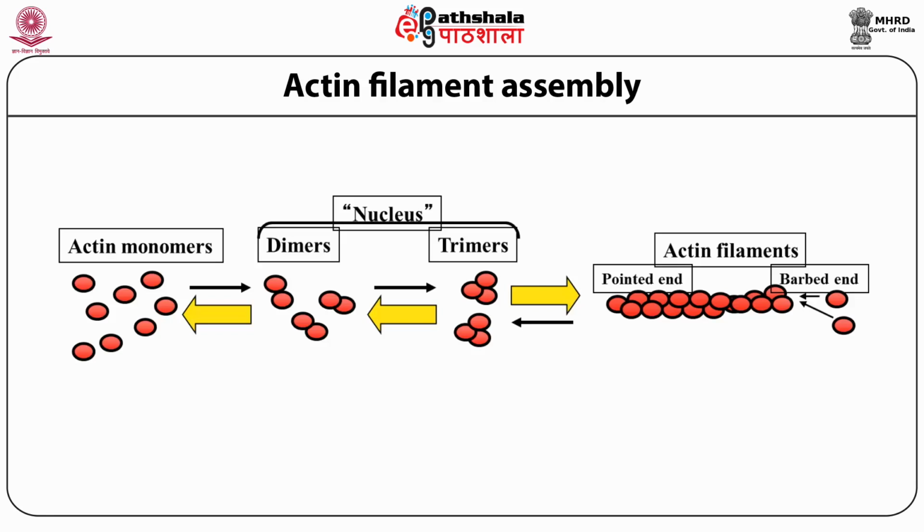Now you can see the F-actin with the barbed end, where G-actin associates much faster, and the pointed end, where G-actin dissociates. But in the beginning, the association could be from both sides. Once the F-actin reaches the stationary phase, actin adds at the barbed end and dissociates at the pointed end.